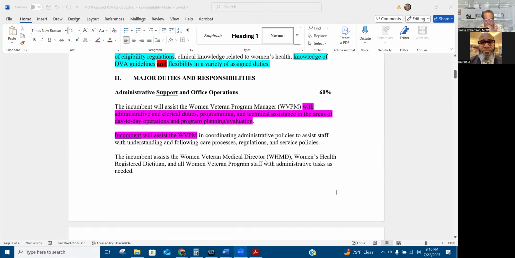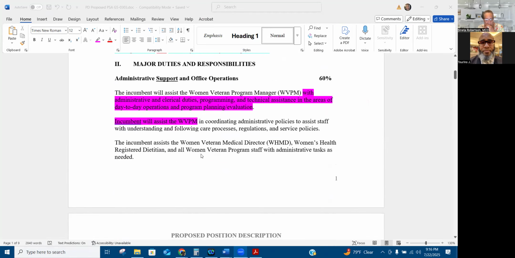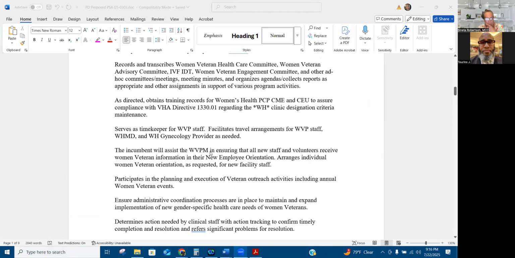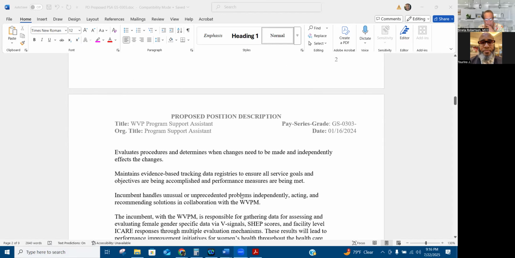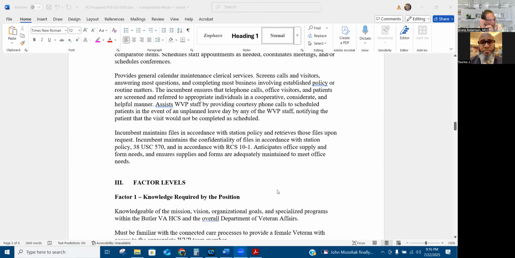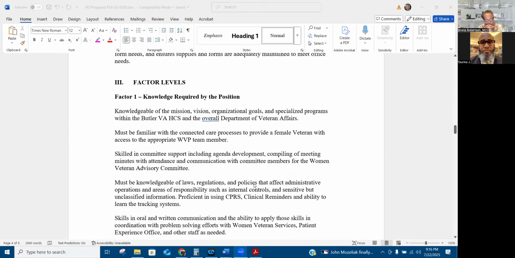I'm only concerned with the introductory section. No, you're reading the whole PD. Well, this is 60% of the job duties. Right. This is 40% of the job duties. After that, there may be something in there that you may need.